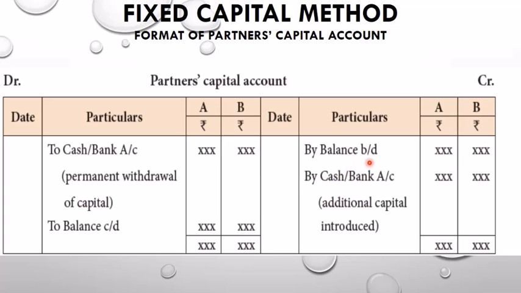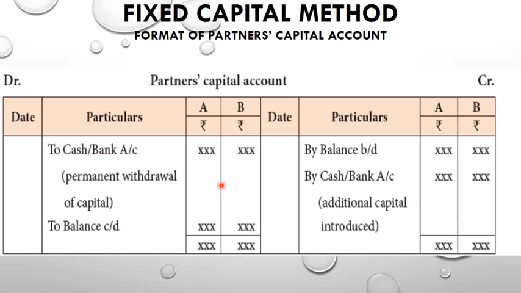As we know, capital account shows a credit balance, so it is shown on the credit side. Then additional capital is also shown on the credit side. Then on the debit side, we have the permanent withdrawal of capital. When we balance, we get the balancing figure as the capital of the partners.